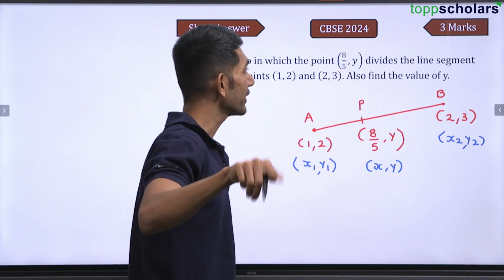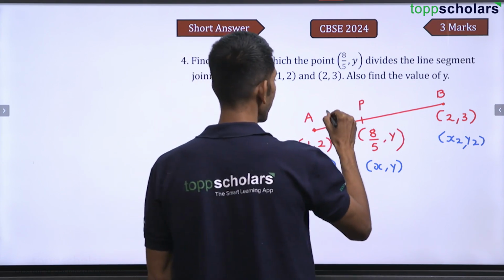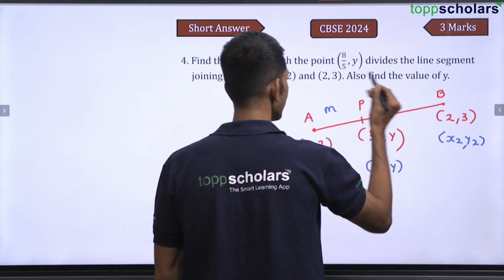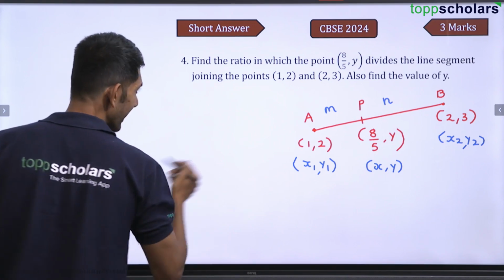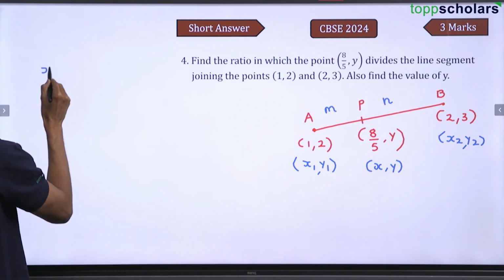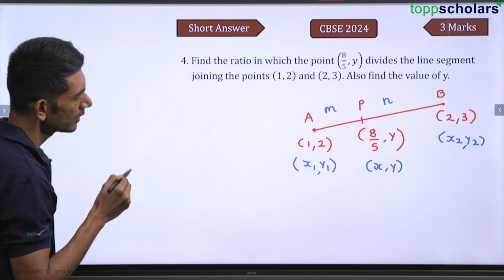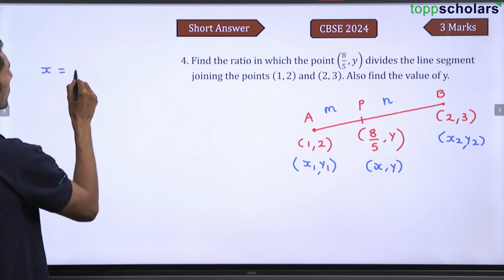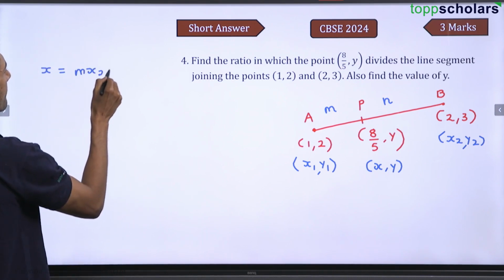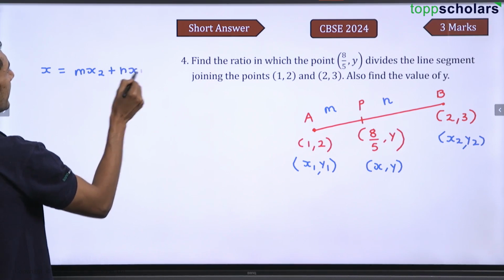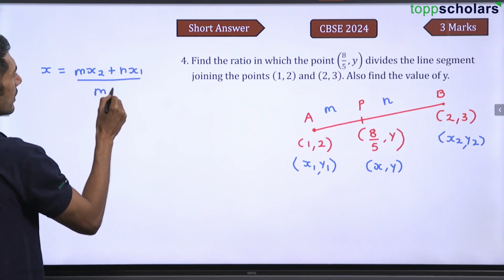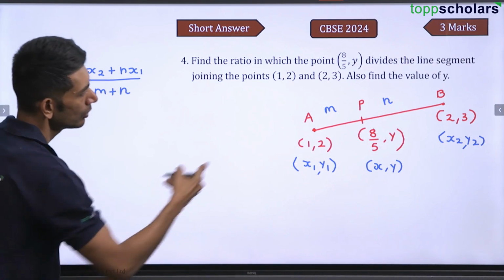So later we are supposed to find out the value of y as well. So suppose if I take this as m and if I take this as n, can I say x is equal to mx2 plus nx1 by m plus n. So x is what?